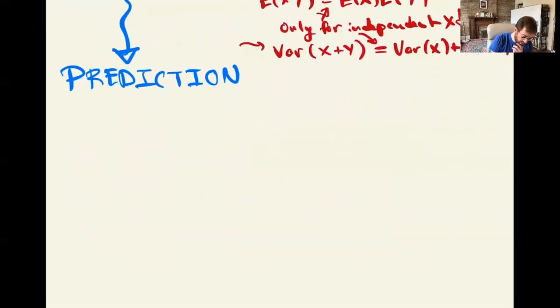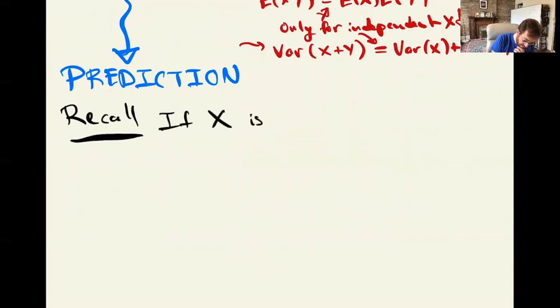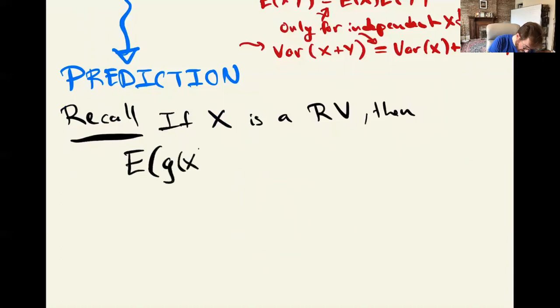In order to do so, we're going to need to recall one of these important formulas, which is that if x is a random variable, then when we study a normal function on numbers like g of x, we can compute the expectation of g of x.